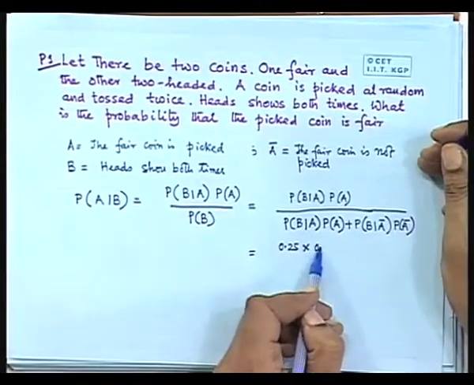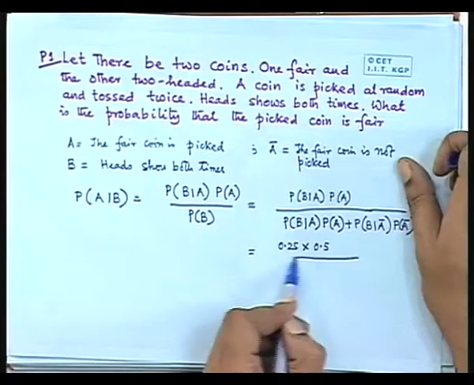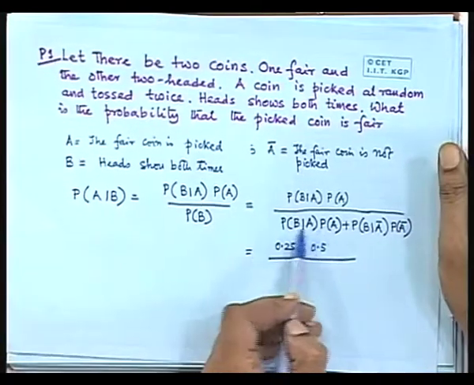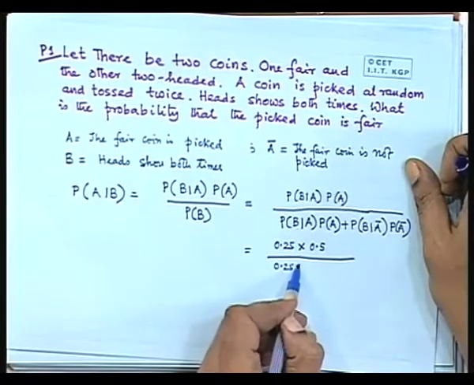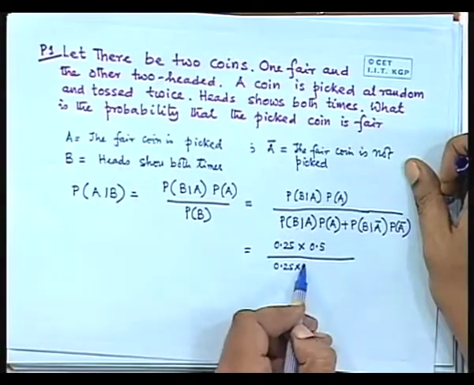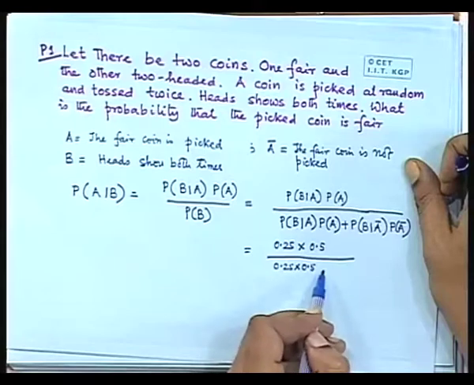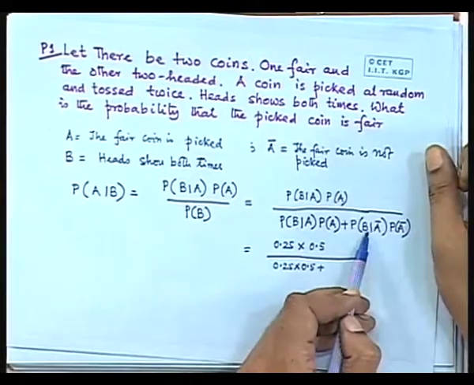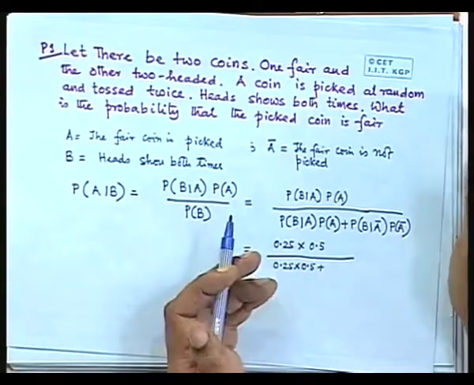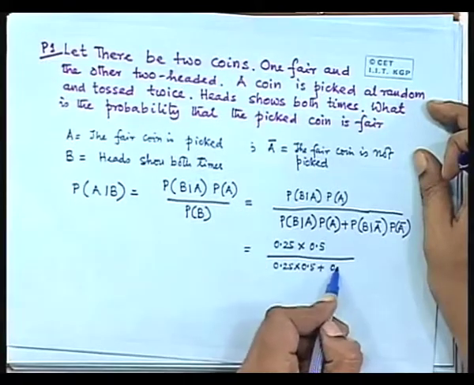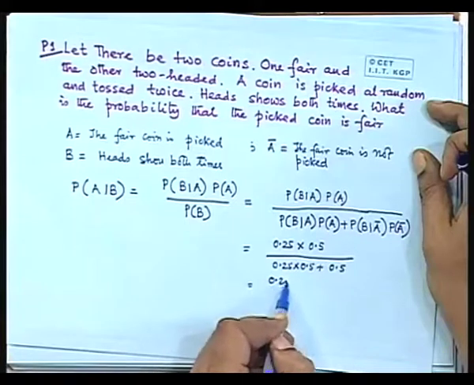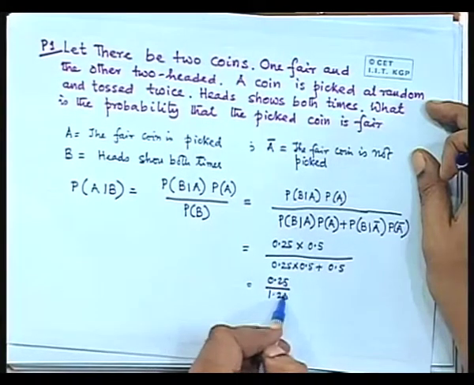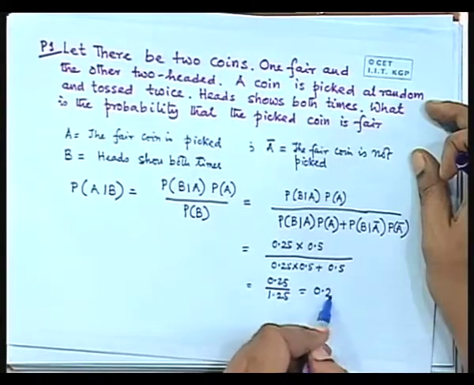Half, divided by this, which is the same, so it is 0.25 into 0.5 plus what is the probability of B given A bar? It is 1. So it is just 0.5. So it is 0.25 by 1.25, which is equal to 0.2.